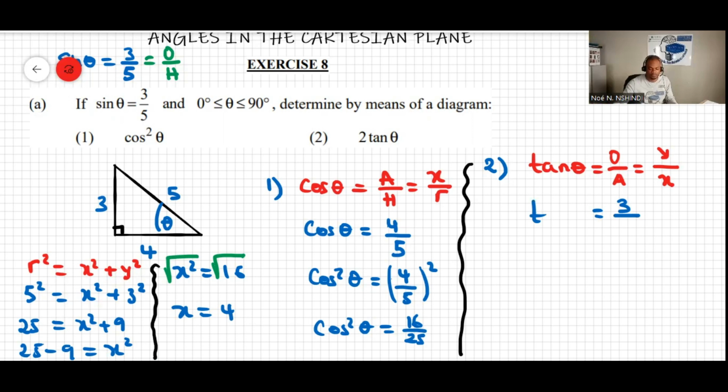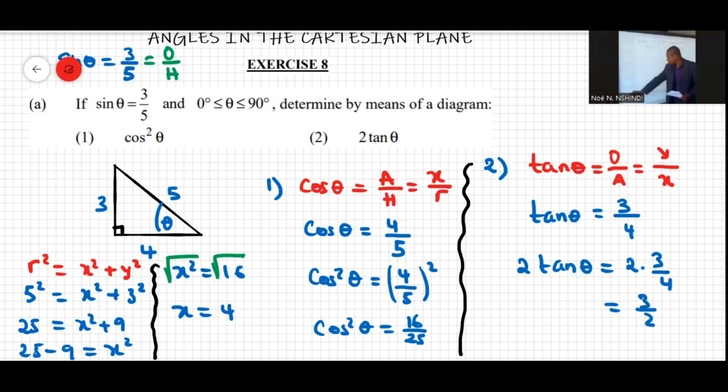So tan theta will be 3 over adjacent, which is 4. Now 2 tan means we multiply this by 2. We do 2 times 3 over 4, and this will make 3/2. So this is the answer to this question.